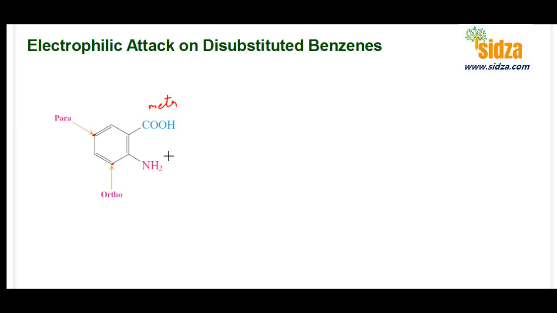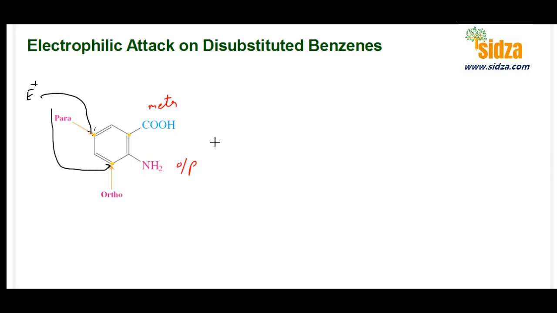And if you look at the NH2, which is an ortho-para directing group, the ortho-para positions with respect to NH2 are this one, and this is also an ortho position, and this one an ortho position. So you can see both the groups are reinforcing the same position, right? So the electrophile is going to attack on these positions over here, at this position and this position.